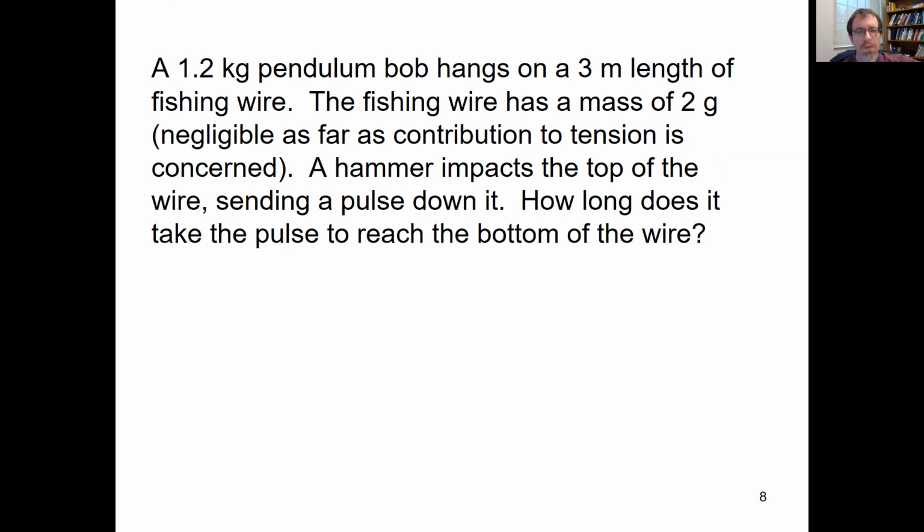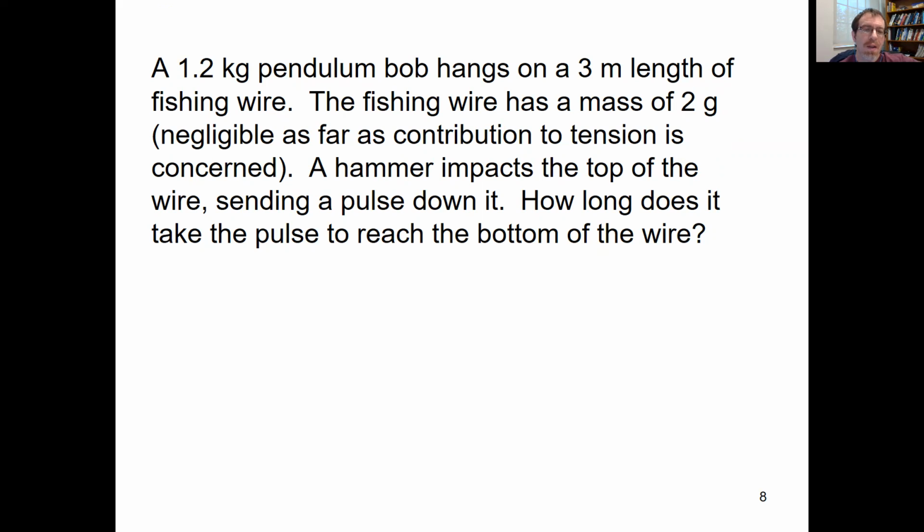We really don't have to consider the mass of the wire itself in figuring out the tension. We could, but it really wouldn't add a whole lot more accuracy in this particular problem, and it would add a tremendous amount more headache. I can't even stress enough how much more of a headache it would add.